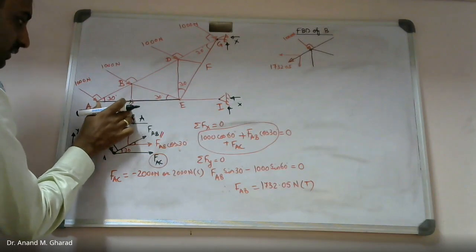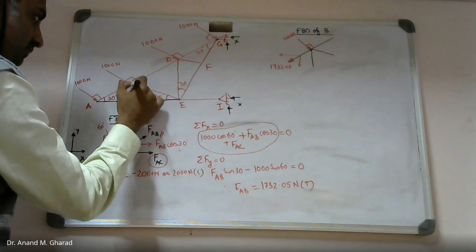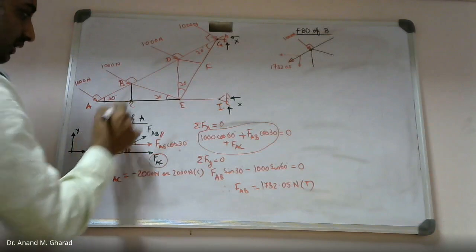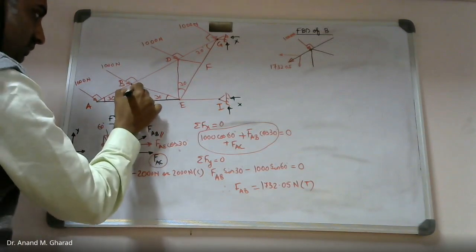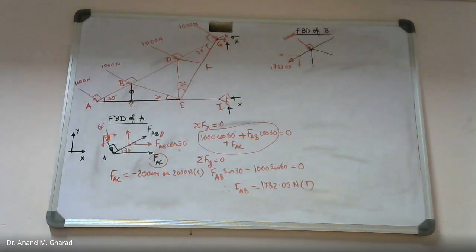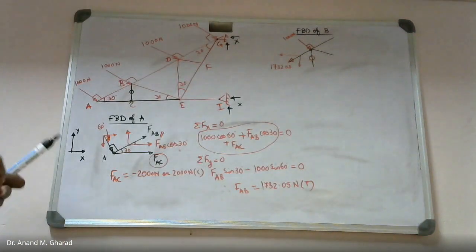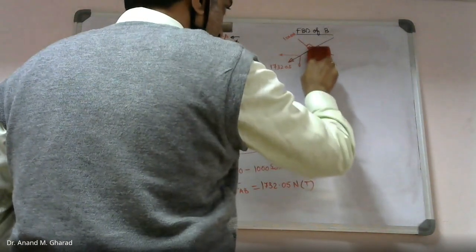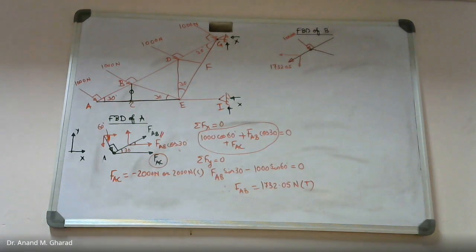That is member AC and CE, and there is a third member which is getting connected at joint C, and there is no load which is attached at joint C. So therefore, force in this member will be 0. That is good. Therefore, what we can say, this member force is 0. Or even if we eliminate that, if we do not consider that, in that case also, it is okay.